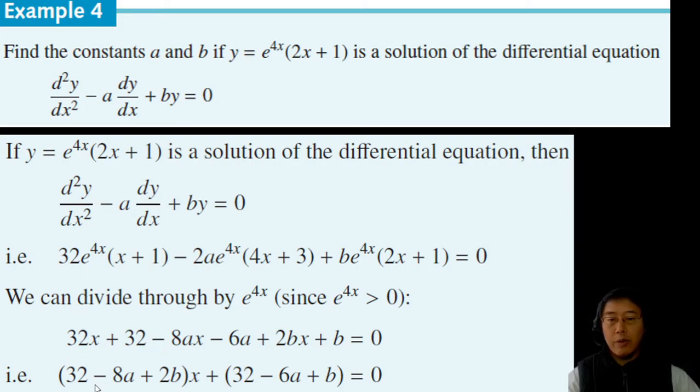We regroup the like terms in x and the constant term, and that whole expression needs to be equal to 0. What it implies, for it to be 0 independently of x, is that both factors have to be 0.